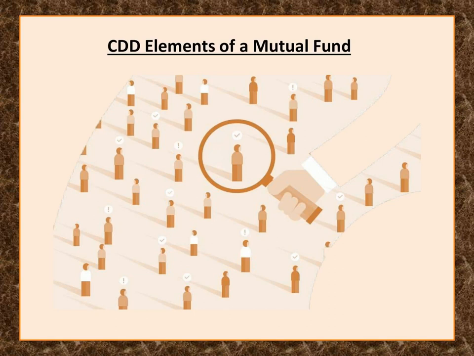Details of custodian, available in the Statement of Additional Information or SAI document. 10. Details of auditor, available in the Statement of Additional Information or SAI document. 11. Investment management agreement, we have it in the prospectus as management contract. 12. Financials, available in the annual report. The source of funds can be deduced from the statement of operations.